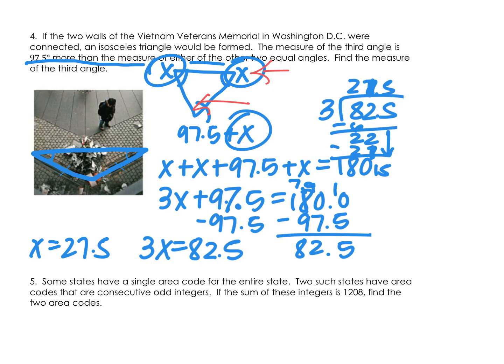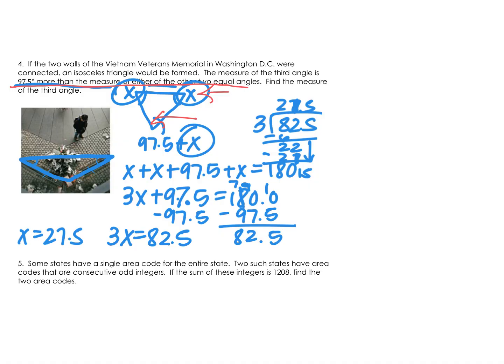It's from this sentence that says 97.5 more than the measure of either of the two angles. Basically, we would have had two answers, but it's only asking for one. So we're going to do 97.5 plus 27.5.